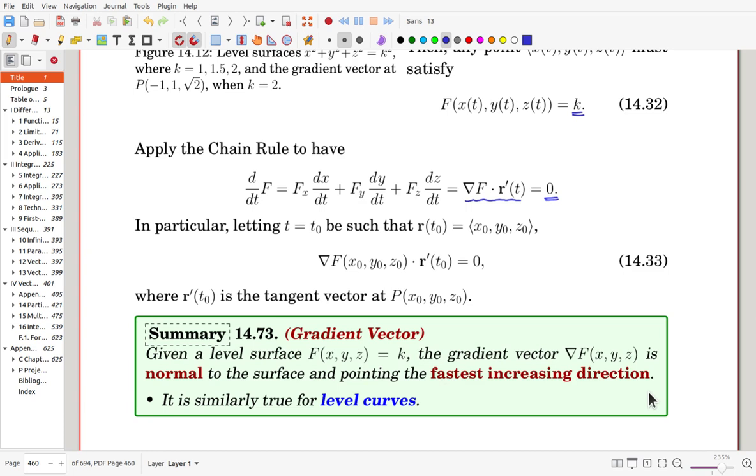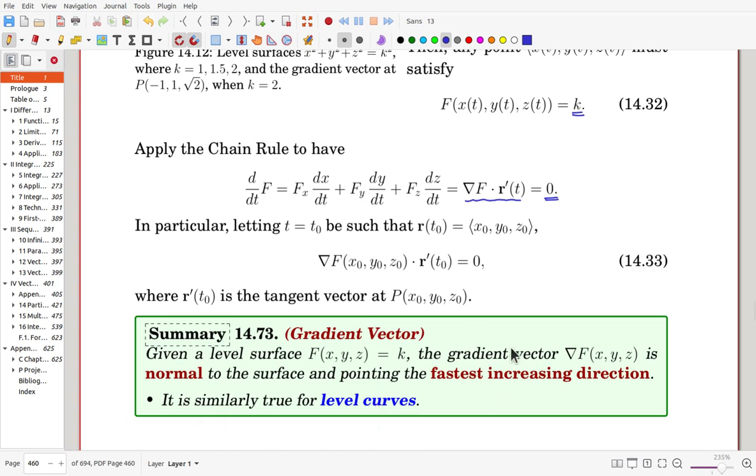And when we deal with a level surface, the gradient of f is normal to the surface. So that's the conclusion.